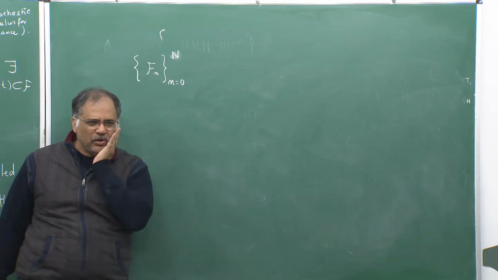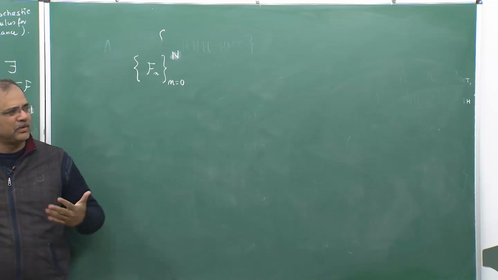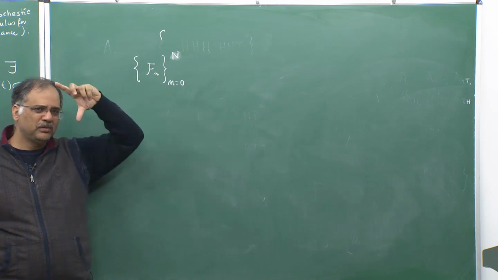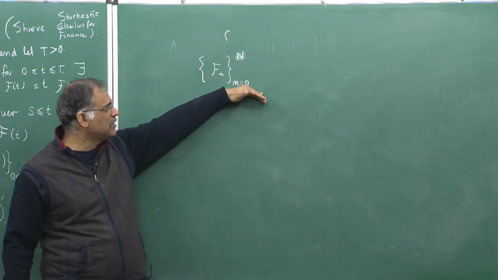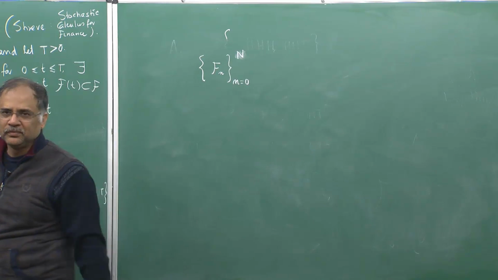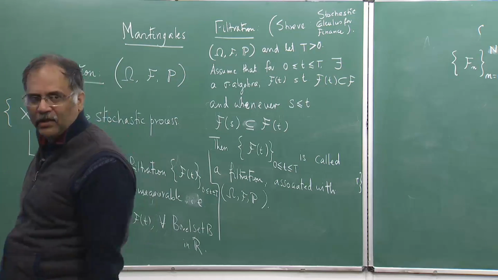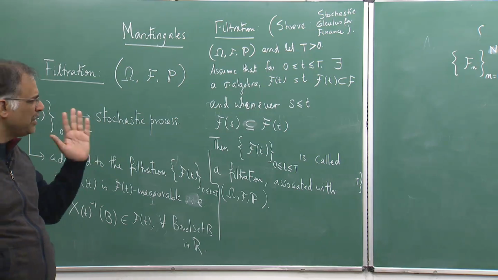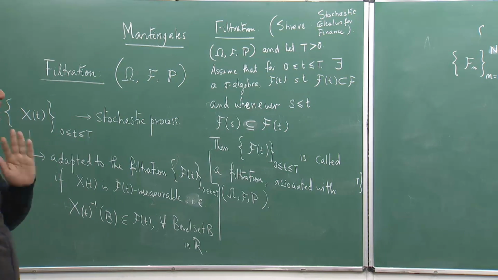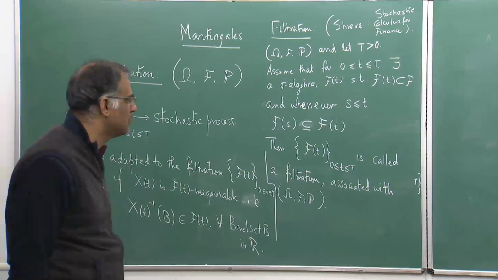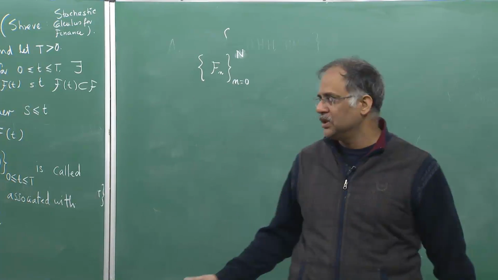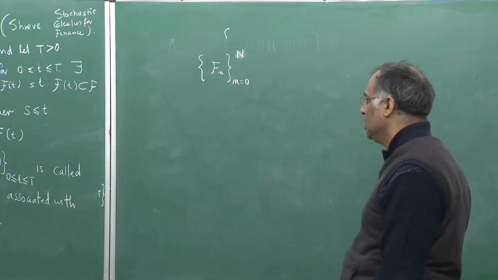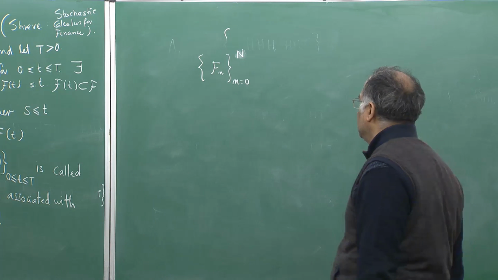Because I am essentially talking about finance. In finance you have a trading horizon: trading starts at 0 and ends at time N. That is why I am taking the simplest definition. You can possibly take n equal to 0 to infinity, that does not matter. Stochastic processes are nothing but sequences of random variables, where the indexing is over time.